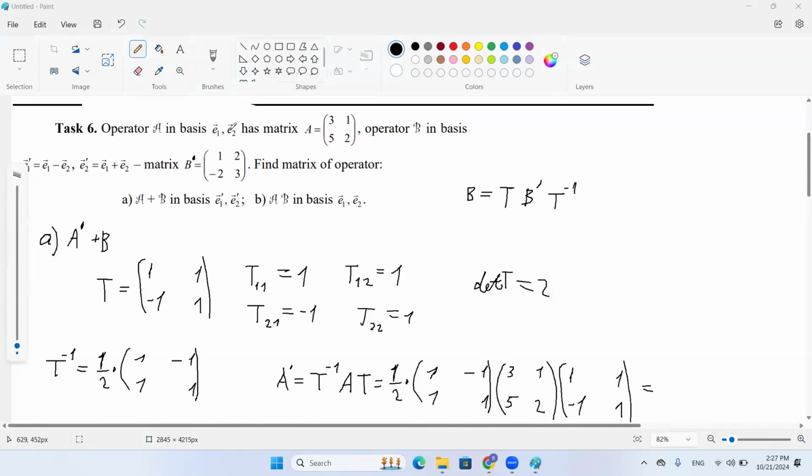So T is the transition matrix from E to E prime, and T inverted is from E prime to E. So it means that you already have the transition matrix, and you don't have to find it once more. So have I answered your question?